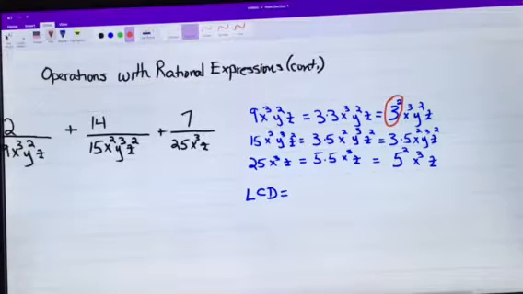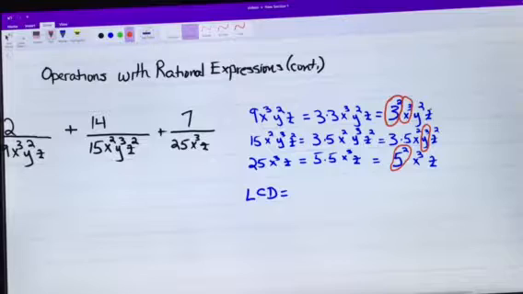For 5, the first denominator has no 5, the next has only one 5, and 25 factors to 5 to the second. For x, the highest degree from any factorization is third order. For y, we have y squared and y to the third, so the highest degree is y to the third.